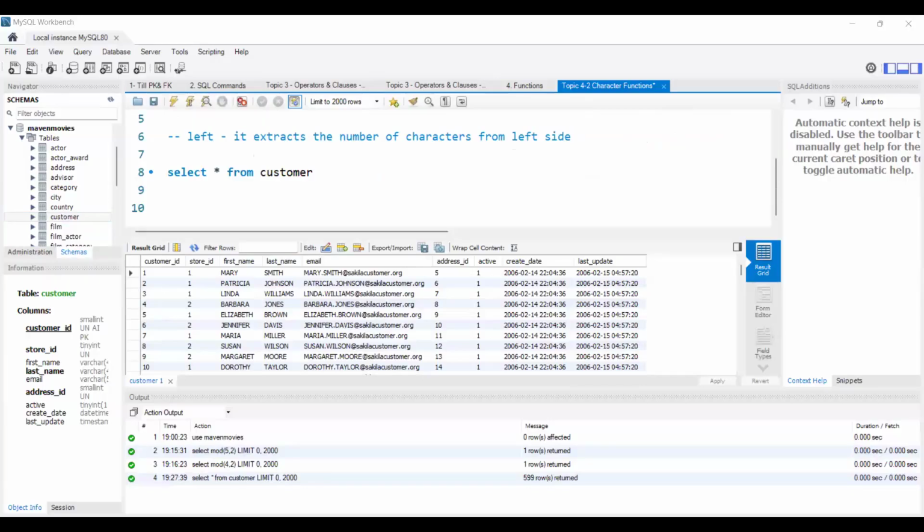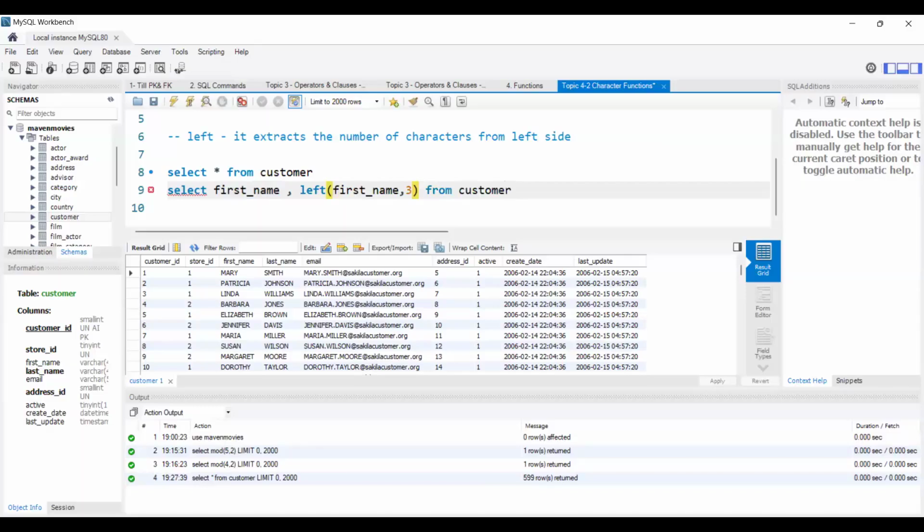So I can write select first name, comma, left of first name, comma 3, from customer.